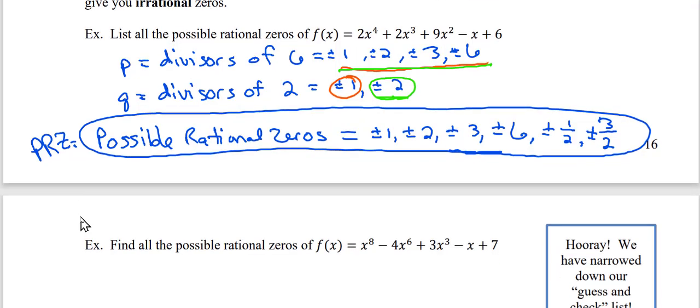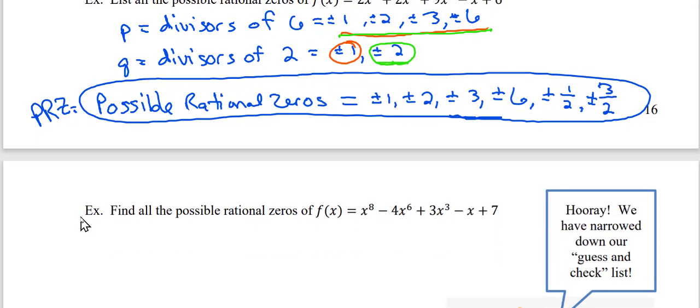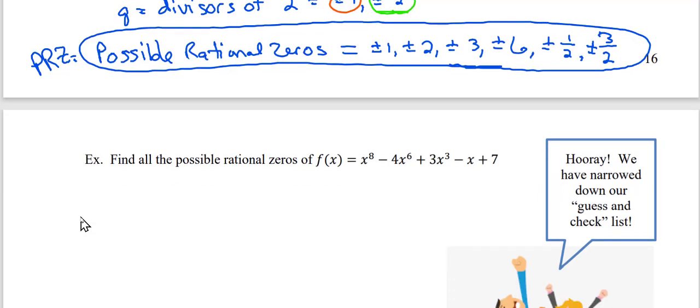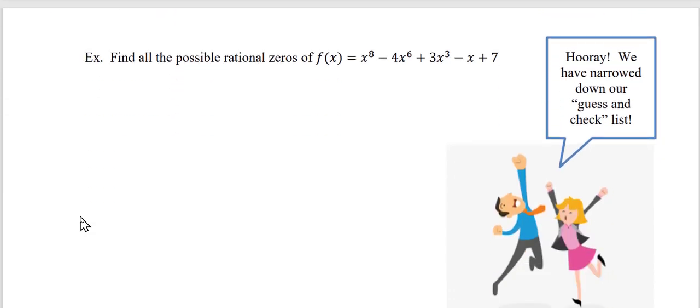Okay, those are my possible rational zeros. We are going to do that again here. We've got a different polynomial, but the same idea. P is going to be divisors of the constant, which is 7.